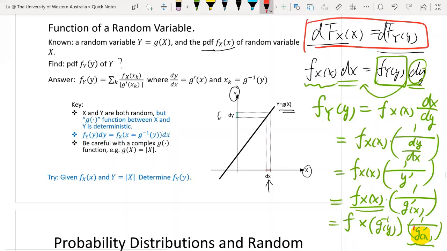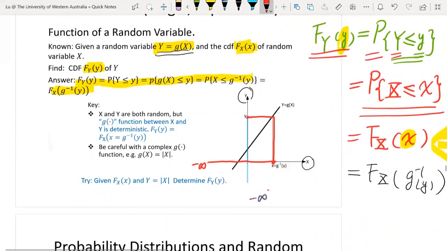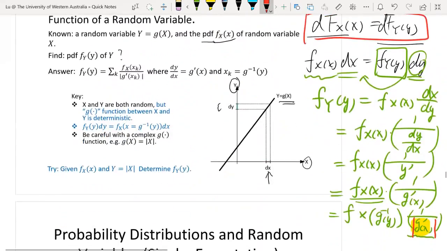So here we put the absolute value around it. Okay, so this is just the main idea regarding the function of random variables. We are dividing this topic into two parts. One is for the CDF function, one is for the PDF function.